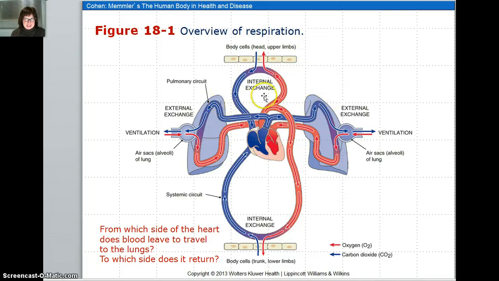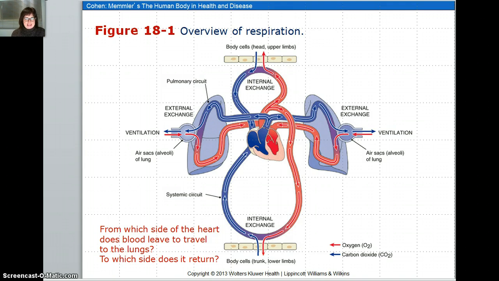Then there's an internal exchange. The internal exchange happens with the cells inside the body. Internal exchange, you will be taking oxygen to the body cells and then absorbing the carbon dioxide from the body cells. Remember, carbon dioxide is waste.